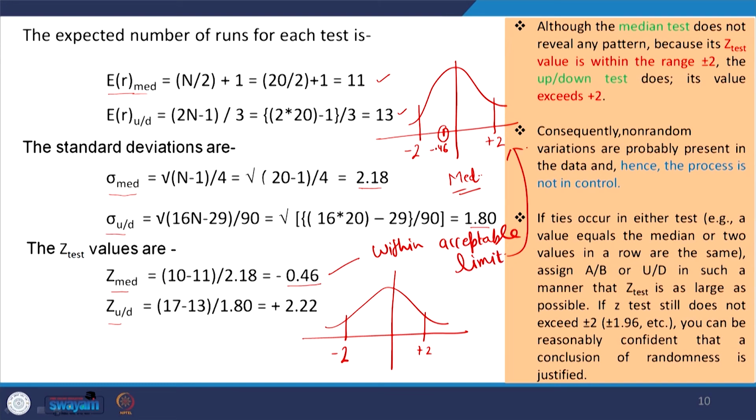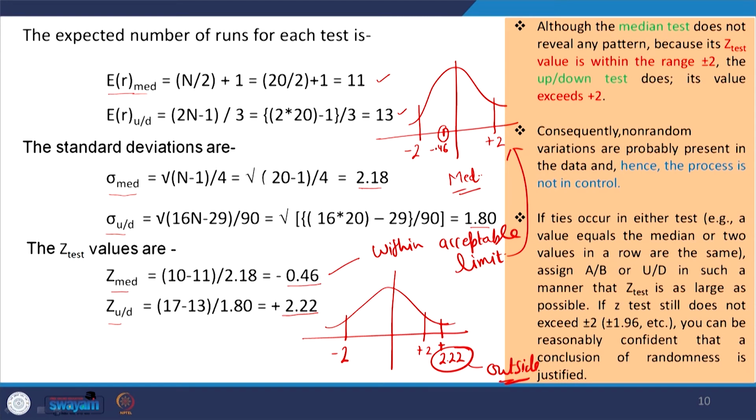As evident here, but this plus 2.22 will come somewhere here, this point. Now, this is outside of acceptable limit.